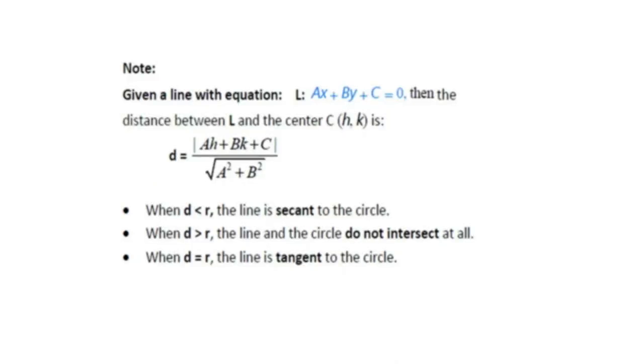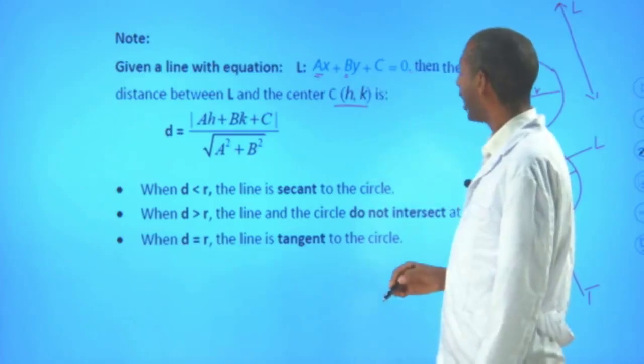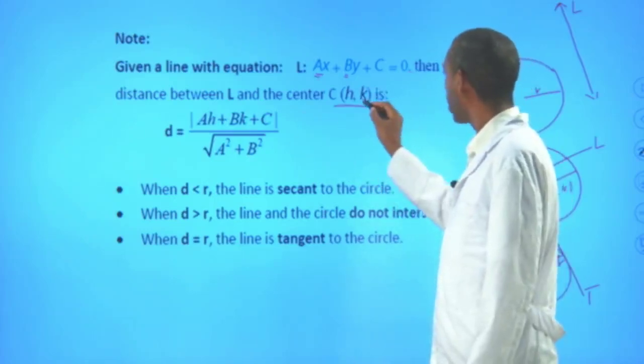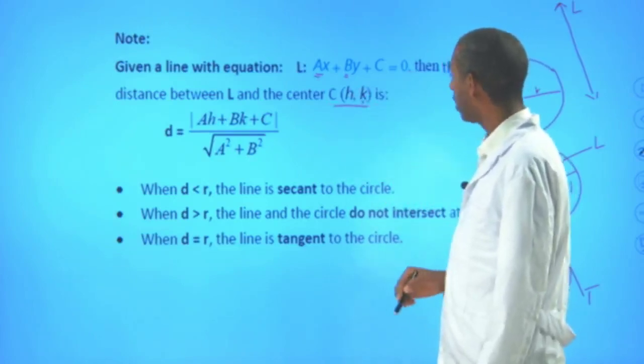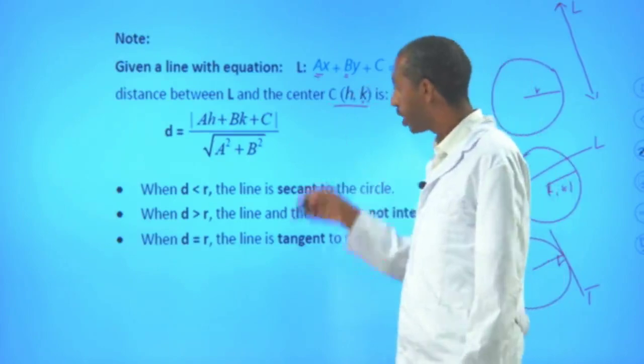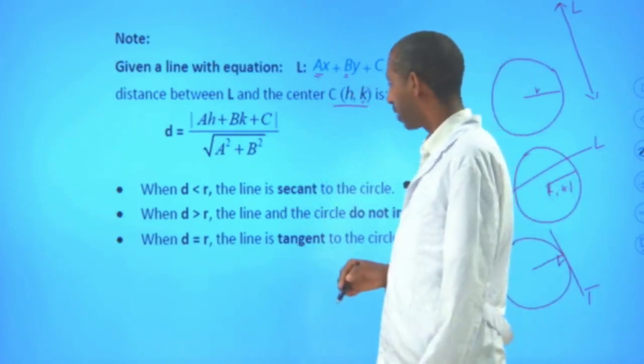D equals the absolute value of A times H, where A is the coefficient of x, and H is the x coordinate of the center, plus B times K, where B is the coefficient of y and K is the y coordinate of the center, plus the constant C, divided by the square root of A squared plus B squared.